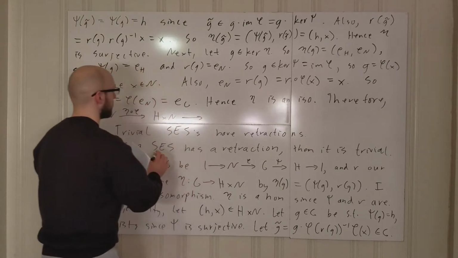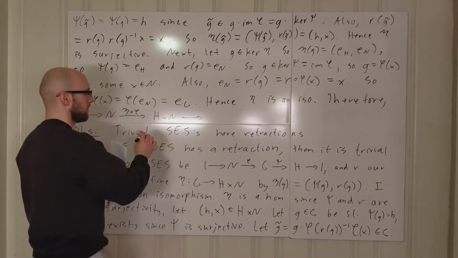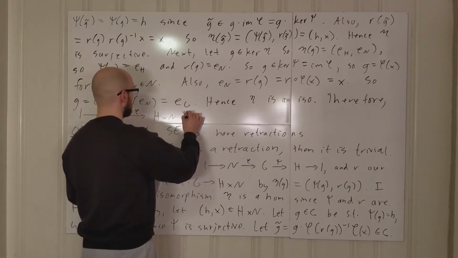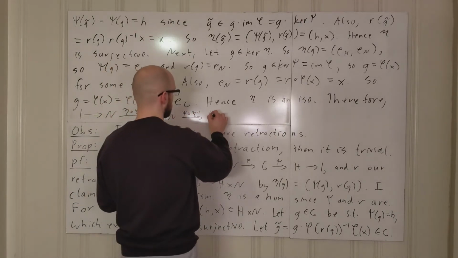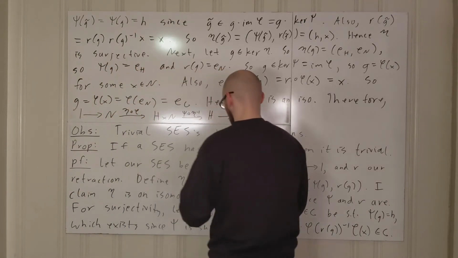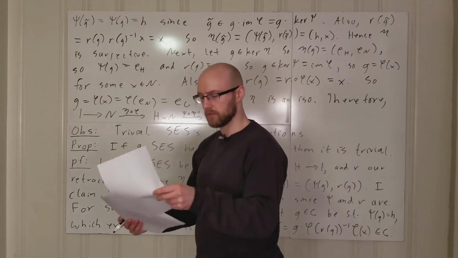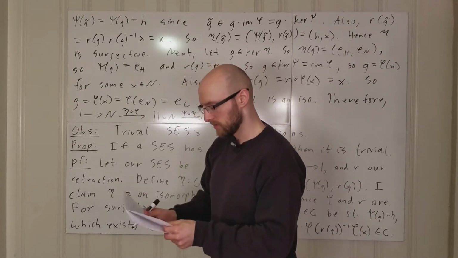And then here we have to first go backwards through eta before going through psi. This is going to be H, this is 1, and so this is going to be exactly what we want.